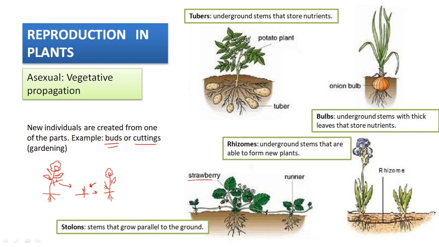This is reproduction by stolons, which are these stems growing parallel to the ground.